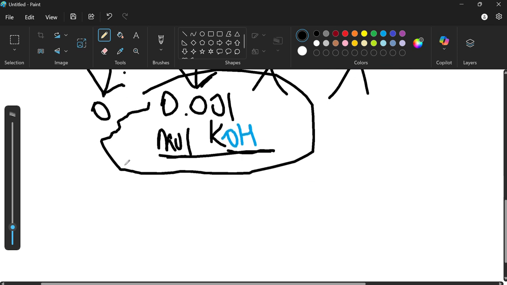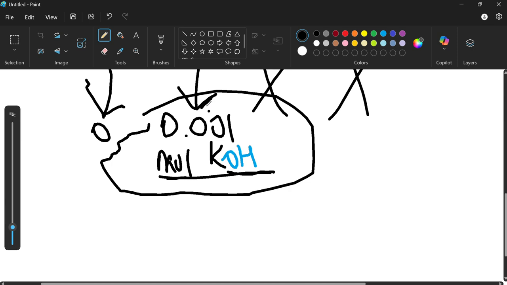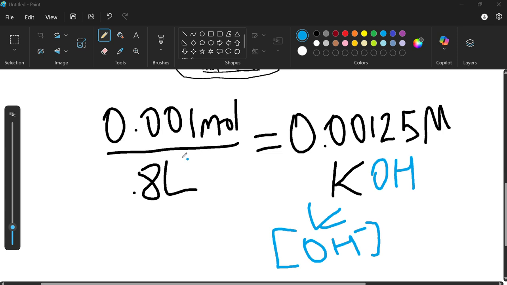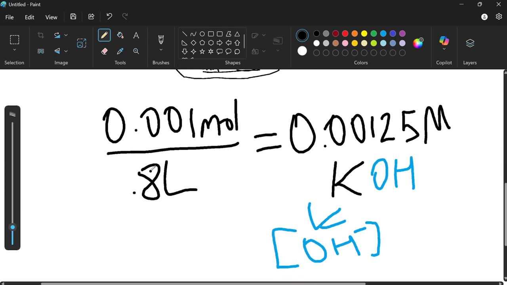And so now that you have 800 as your milliliters for the combined solution, I would just do this. So all I did was I used the moles that we got from before, and then I would divide by the volume of our combined container, that being 0.8 liters.